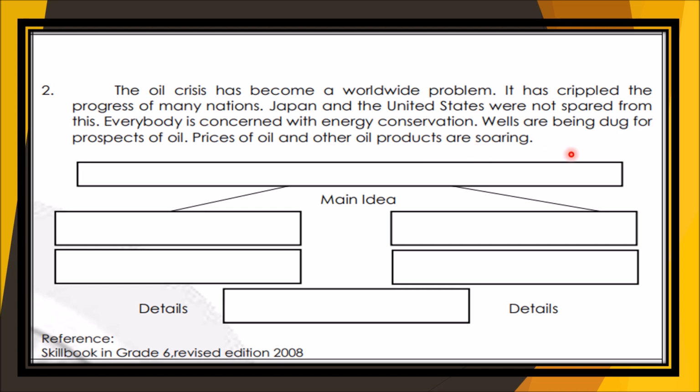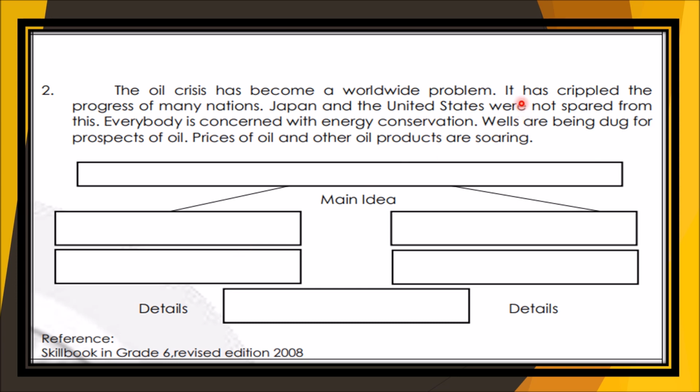Now, where can we find the main idea? Okay, in the first sentence: the oil crisis has become a worldwide problem. This is the main idea. And what are the supporting details here?